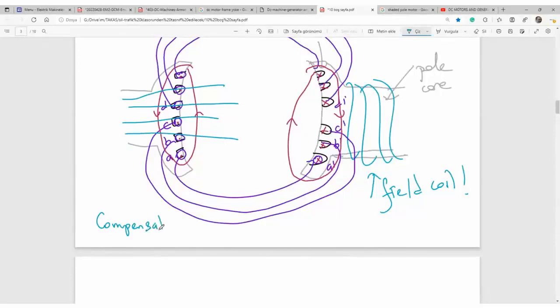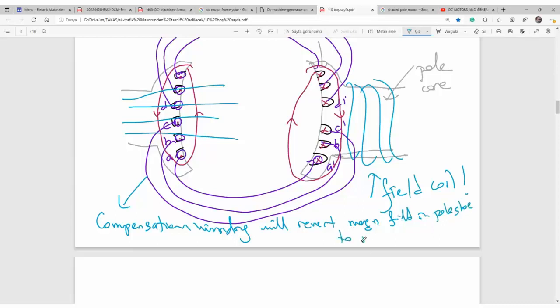It's called compensation winding. Will revert magnetic field in whole shoe to its original position.